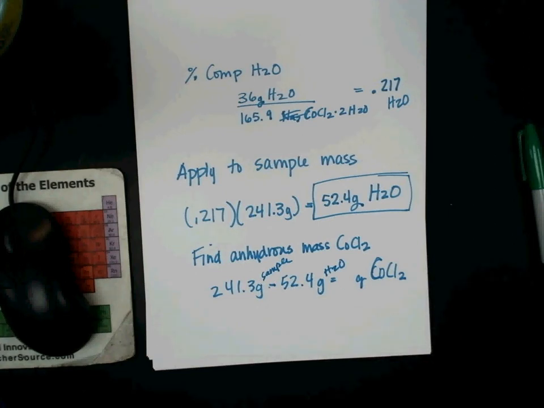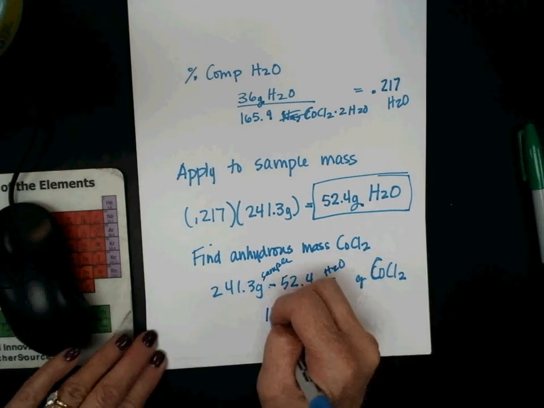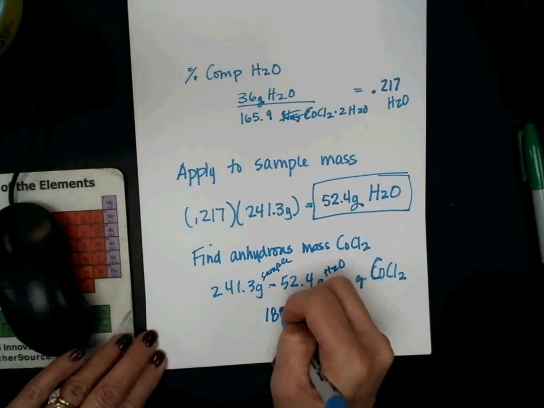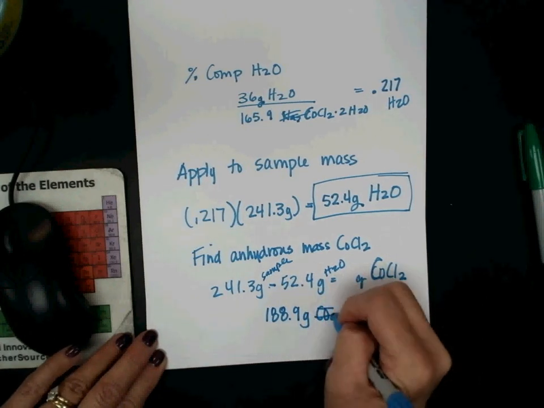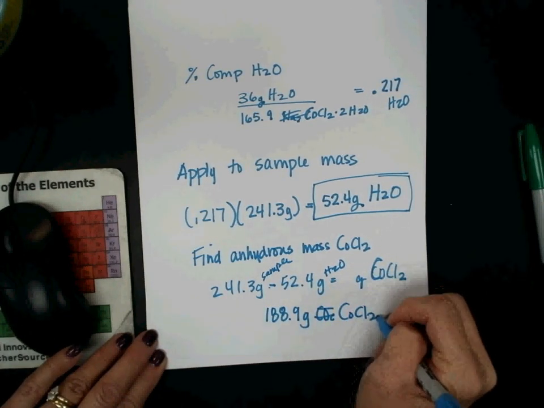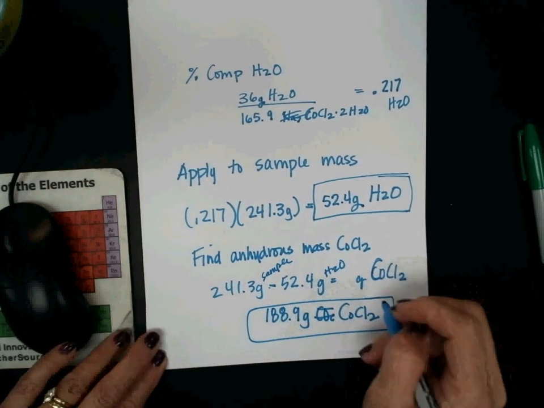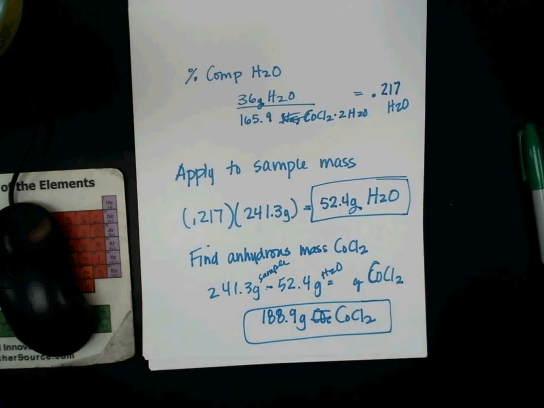So, when I punch that in, what'd you get, Annika? 188.9? Oh my gosh, I did it again. A little bit simpler than the last problem. So, the hardest part is reading the beginning and figuring out what path to follow, because we have multiple paths.